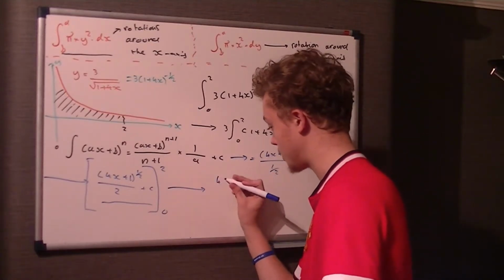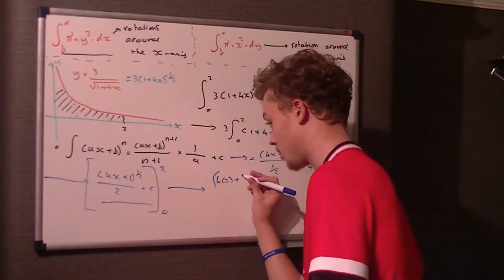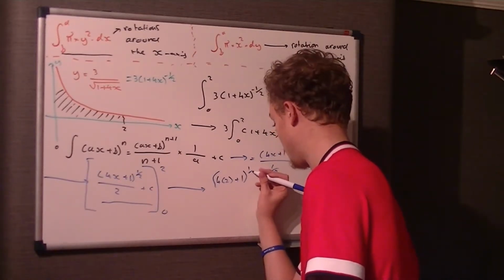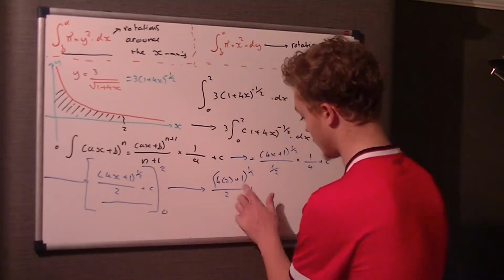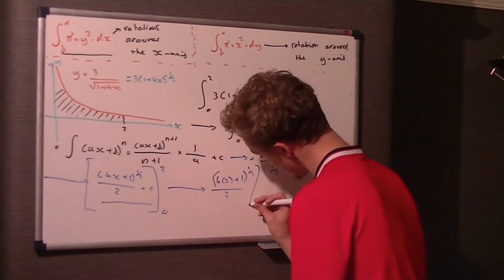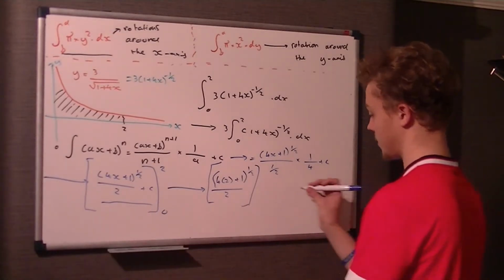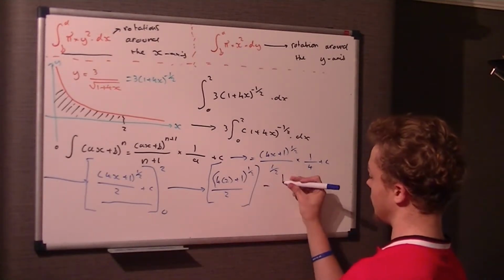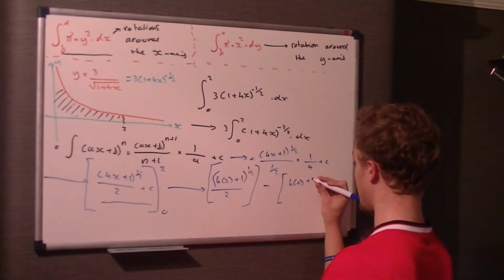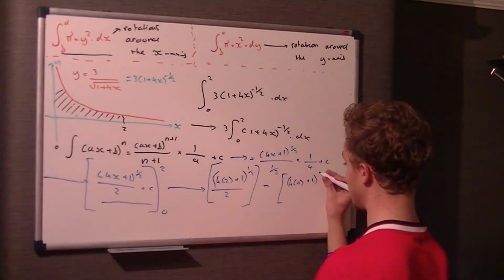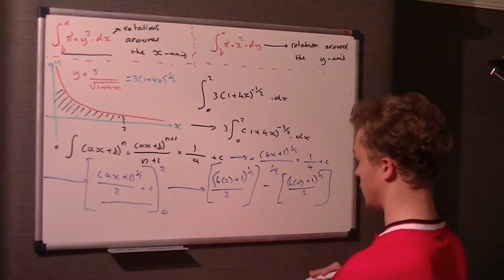So it's 4 times 2, which is obviously 8, but I'm going to leave it as 4 brackets 2, plus 1, and then you square root that, over 2, take away 4 times 0, which is 0, plus 1, and we square root that whole answer, which is obviously going to be 1, over 2, and then we take those two answers away.